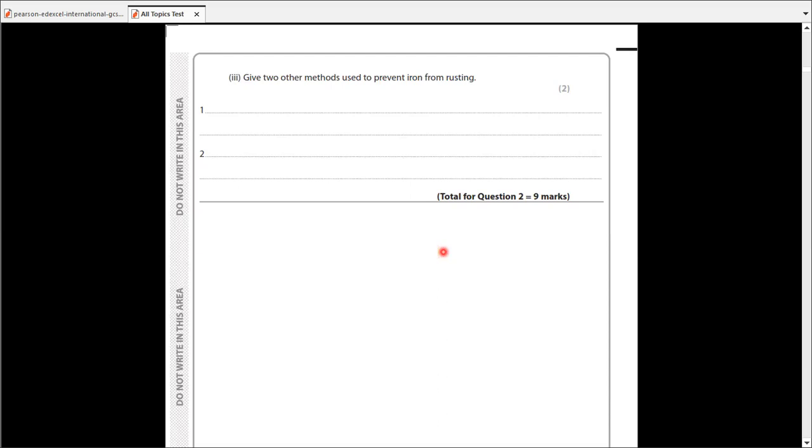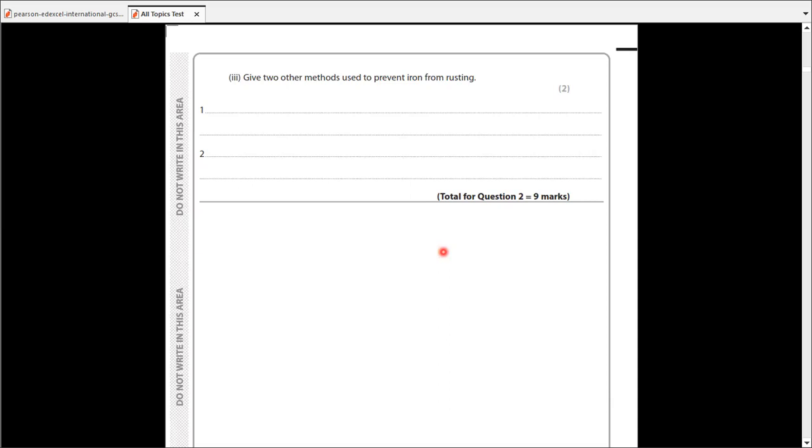Painting is actually more of a barrier technique. You create a barrier between iron and the oxygen or water vapors in the air. Painting is not the only technique for this. You may use oiling, a layer of grease, or cover it with a plastic sheet. So there are many methods of creating a barrier.